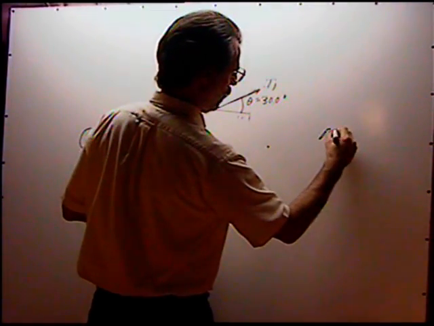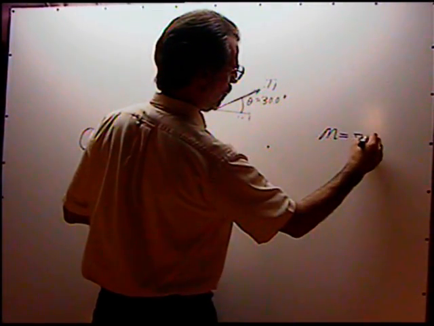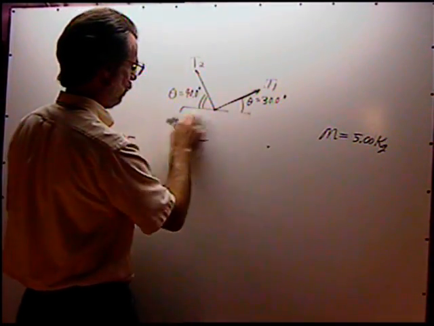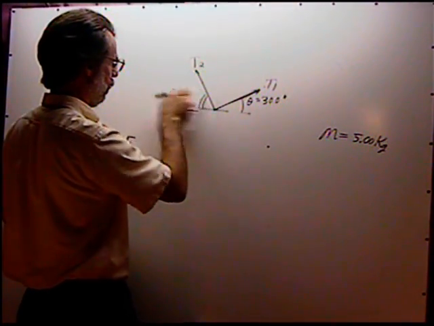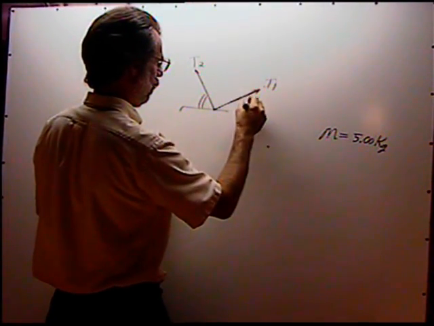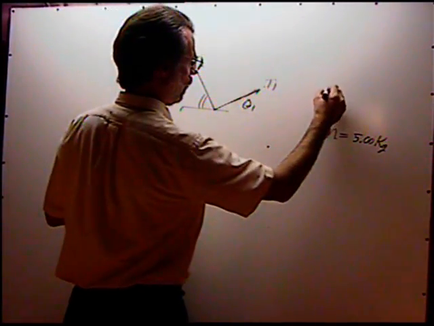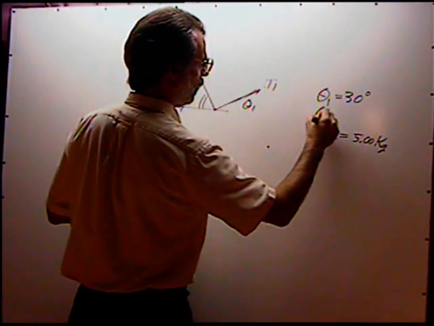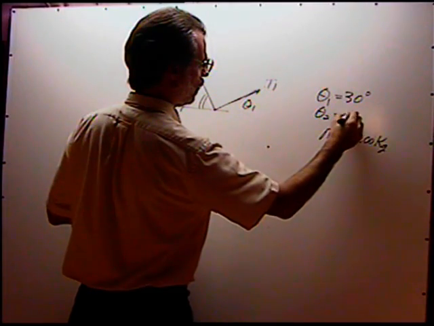We know that the mass is equal to 5 kilograms, theta 1 equals 30 degrees, and theta 2 equals 40 degrees.